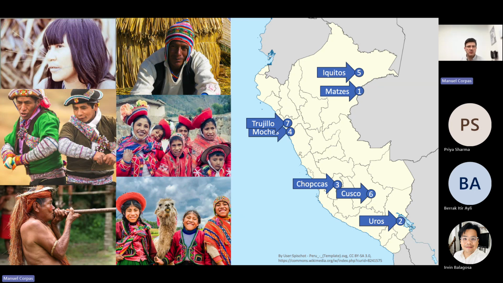Whereas the people there, this is the Uros who live on Titicaca Lake, which is 4,000 meters high, it's not just that they don't have sun cream and the high altitude of ultraviolet rays, but it's also the reflection on the water as well. It's like when you go skiing, that extra exposure to ultraviolet.